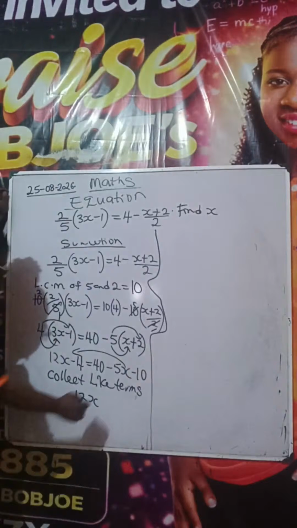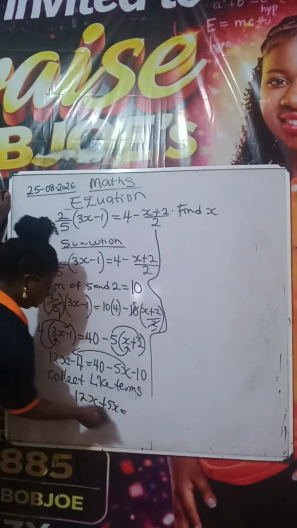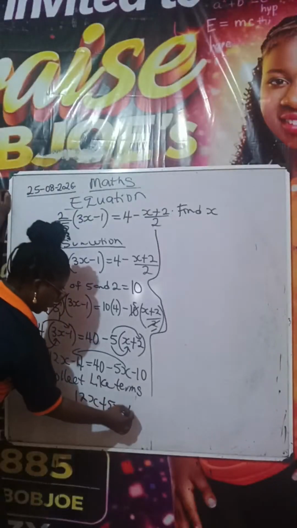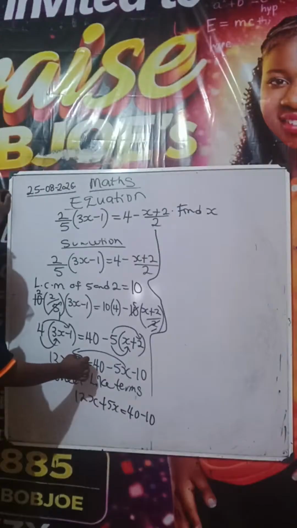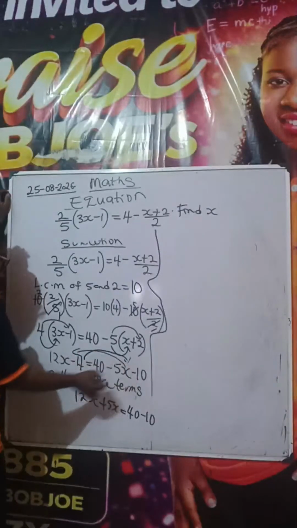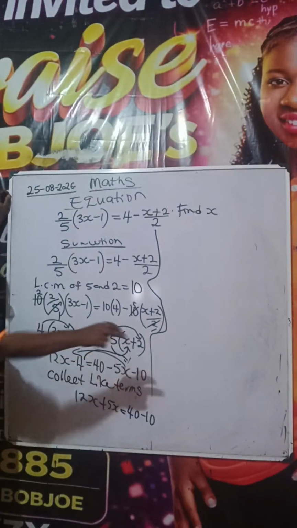So we are getting plus 5x equals to, first of all, write your 40 minus 10. Then before you take minus 4 to go and meet them, minus 4 is now moving to the right.